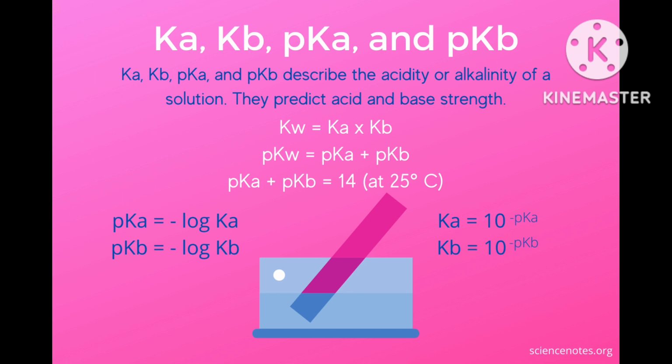And just like pKa, pKb is equal to minus log Kb. P means minus log, so pKa is minus log Ka. Log is always base 10, don't forget.